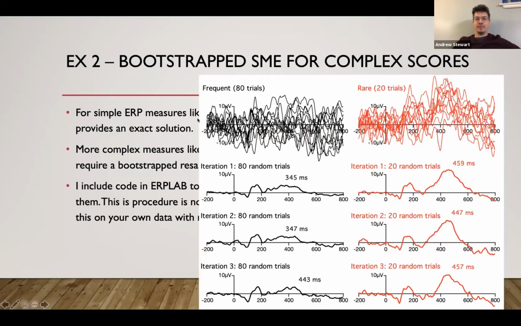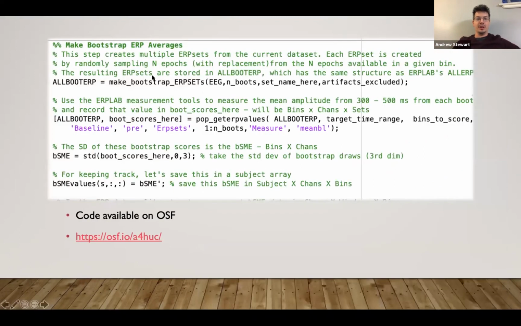So in a situation where you have frequent and rare trials, we would create many iterations and calculate the score on each of these iterations, and then examine the distribution of this to calculate the SME. And I also include some extra code in the new version of ERPLAB to calculate this in 2 or 3 lines, where your epoch EEG would be turned into perhaps 1,000 bootstrapped ERP sets, and we might take the measure of each of those and then save the SME of each of these, which could be reported in a paper.